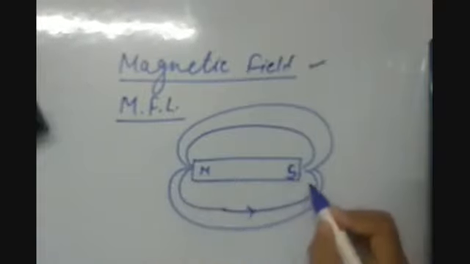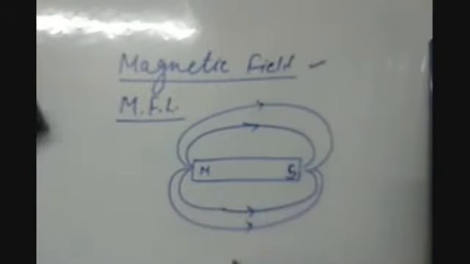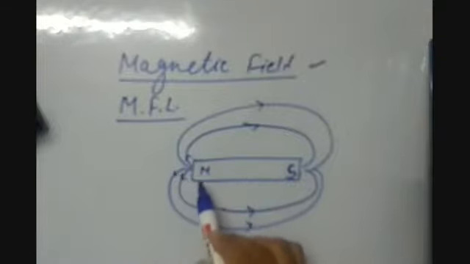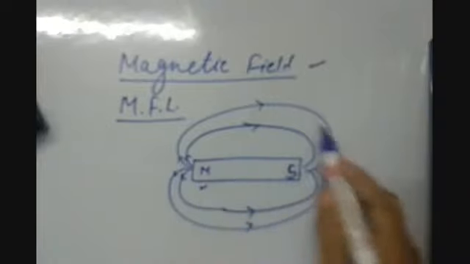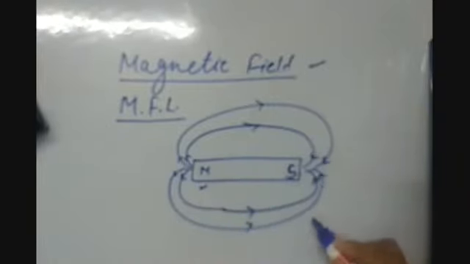They tell us that the magnetic field effect is from north towards south. We know that magnetic field lines emerge out from the magnet at the north pole. They enter the magnet towards the south pole.